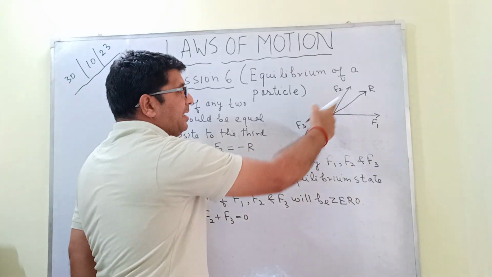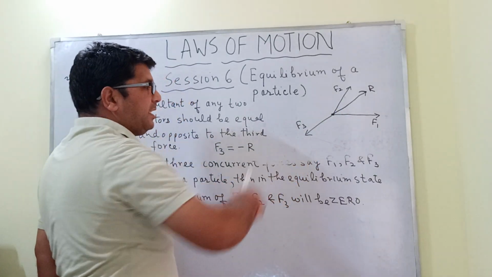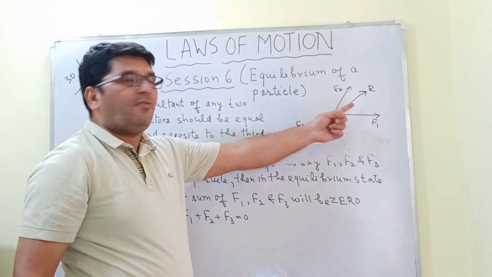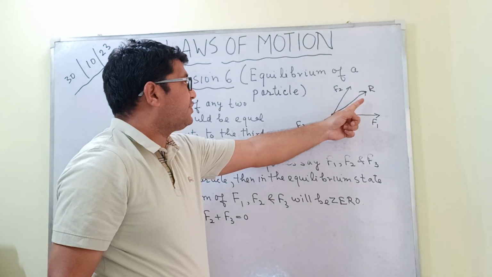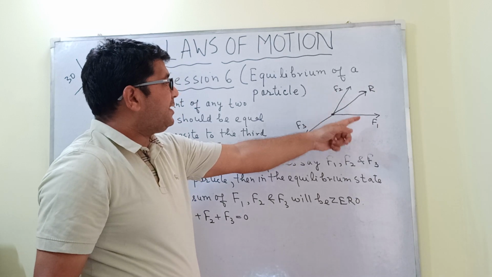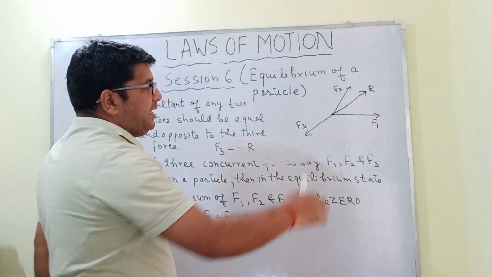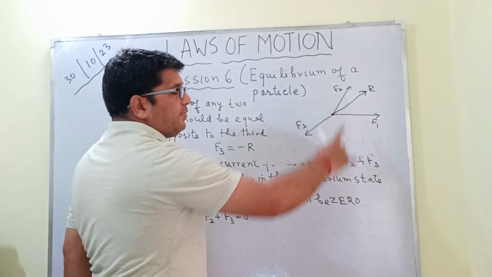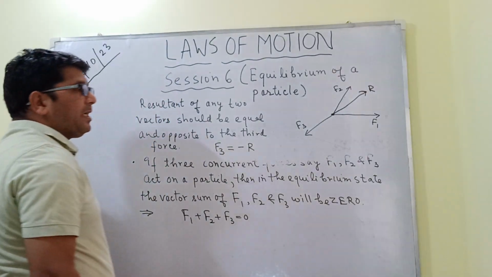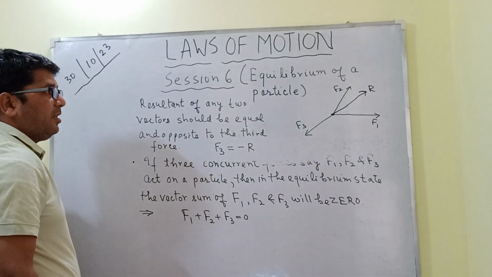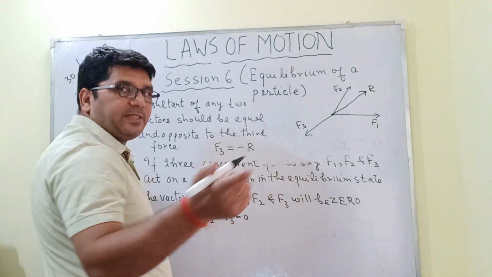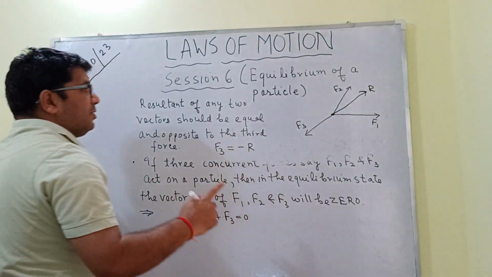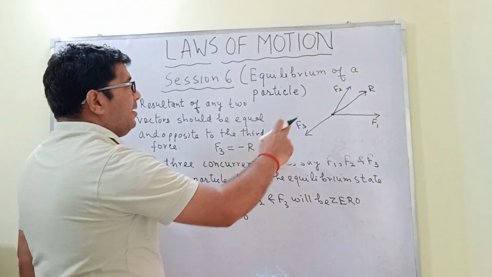They are acting on the same line, but F3 is acting in the opposite direction of this resultant force R, which is the resultant of F1 and F2. And we can find the resultant of F1 and F2 by using the parallelogram law of vector addition, not forces.